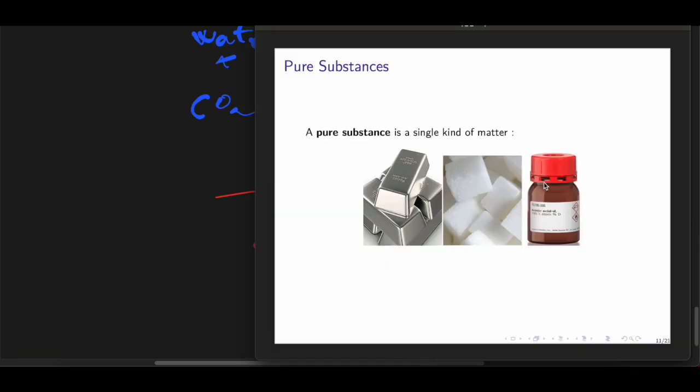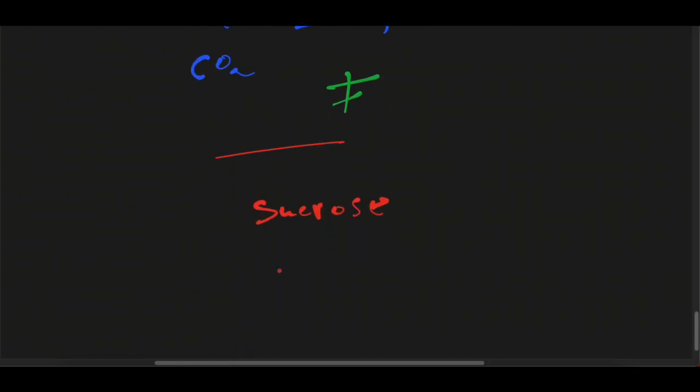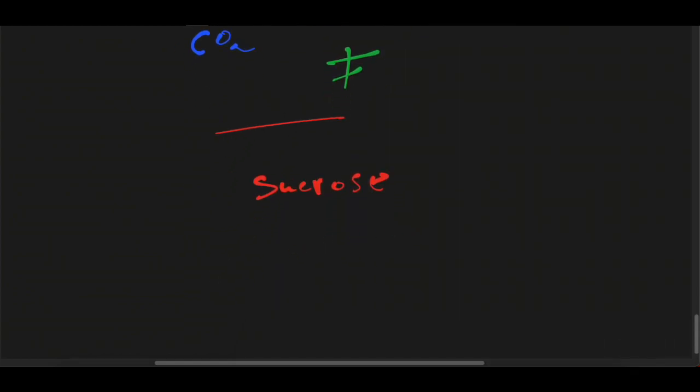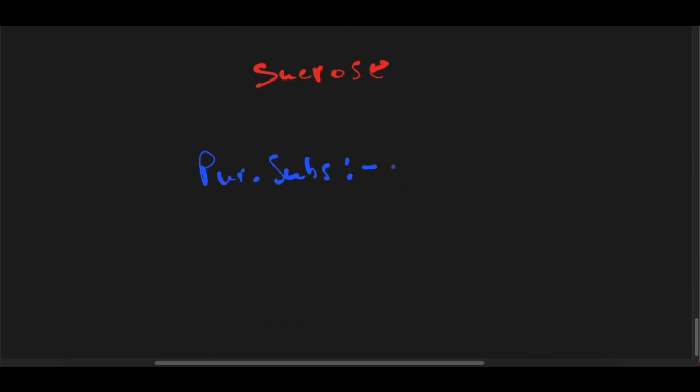And also we have this reagent, which is acetic acid, which is also a pure substance. A pure substance is characterized by a definite composition, and also it has distinct properties.